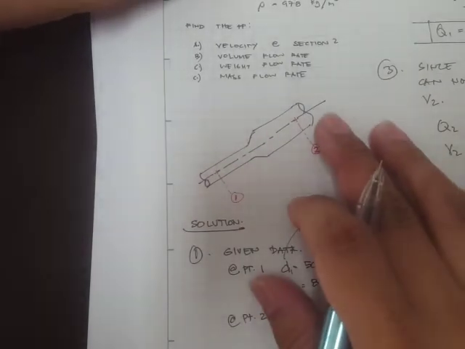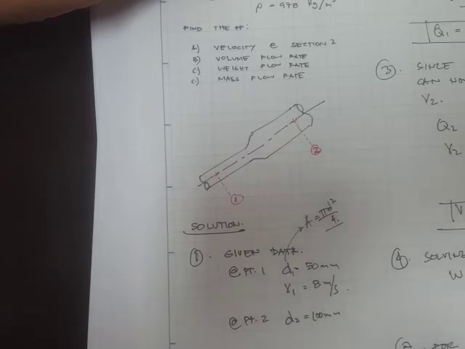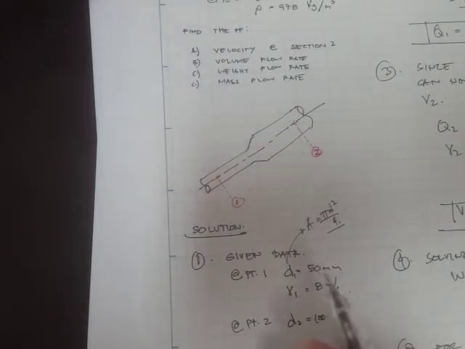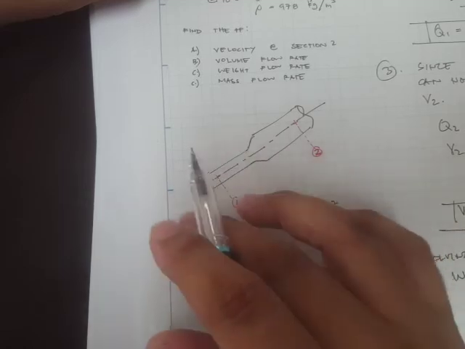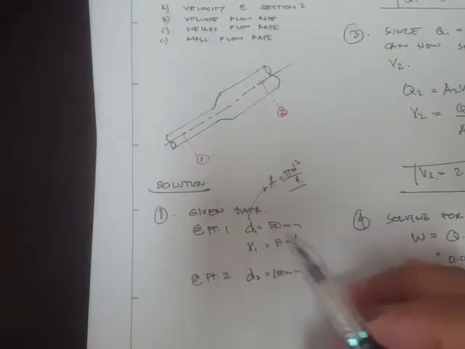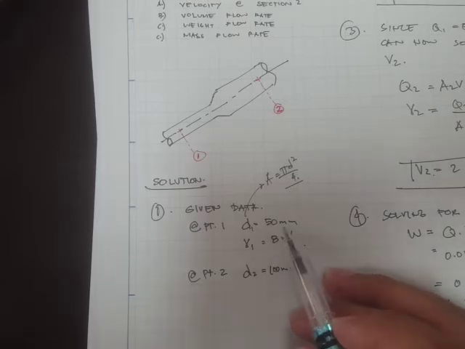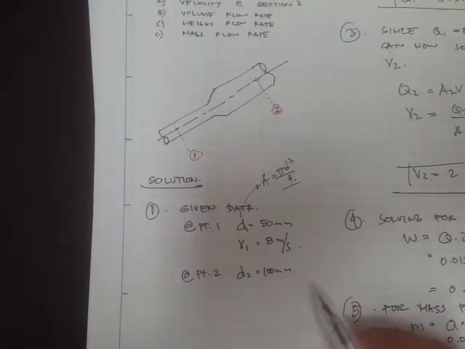Okay, so just a brief recap on our procedure or steps. We first analyze the situation. So we need to have the area or velocity or discharge. I mean, we have to have at least two properties in order to solve. Then in our investigation, we see that we have the diameter at point 1 and velocity at point 1, but we don't have the velocity at point 2.